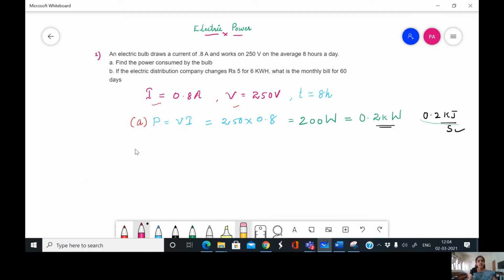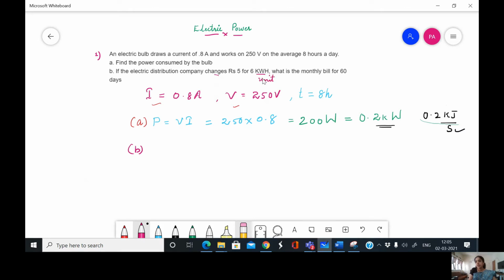And the second one is what we are asked to find. B, if the electric distribution company charges rupees 5 for 6 kilowatt hour. So what is the other name of kilowatt hour? It is unit. Simply we say unit.